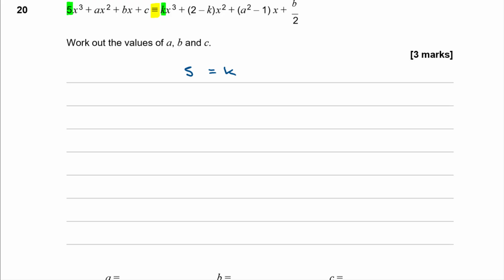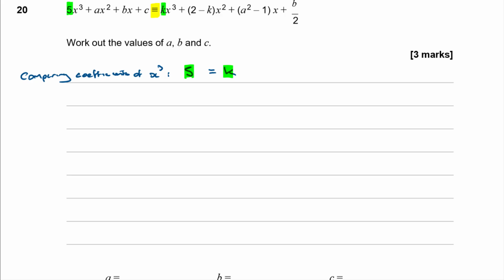We call this comparing coefficients actually, so to write this down properly, I'd say comparing coefficients of x cubed to start with. I know that 5 is equal to k.